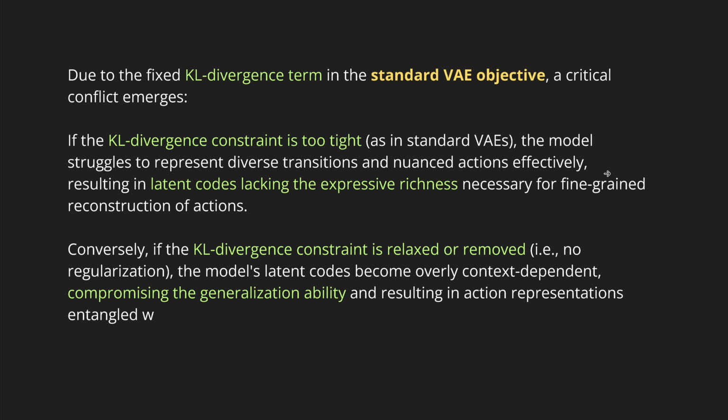If you're not absolutely sure, we have here not the standard variational autoencoder objective, because remember, if our Kullback-Leibler divergence constraint was too tight, the latent codes were lacking the richness that we were looking for. And if it was too relaxed, then we had a problem with generalization ability.